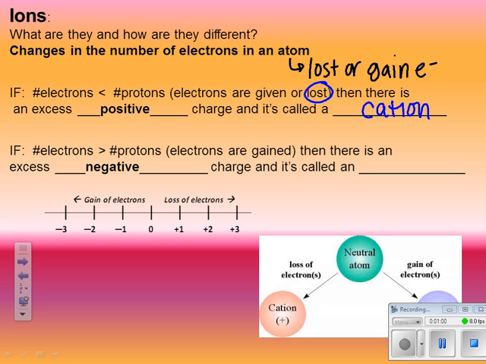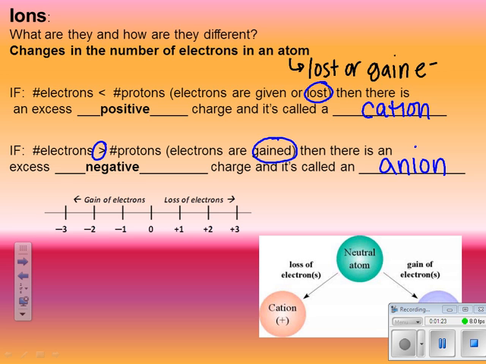Then if the number of electrons is greater than the number of protons, in other words, there's more negative charge, electrons are gained, then there is an excess negative charge, and it is called an anion.